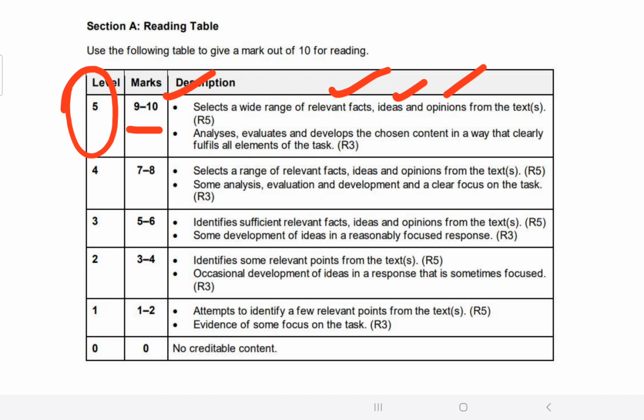And now I can tell you what that wide range of ideas can be. Usually 5-6 ideas are available on both sides. You might have 5-6 ideas in text A, and in the same manner 5-6 ideas in text B. If there are 5 ideas available in text A and text B, then 3 ideas can also be a wide range of ideas. 4 ideas can also be a wide range of ideas.